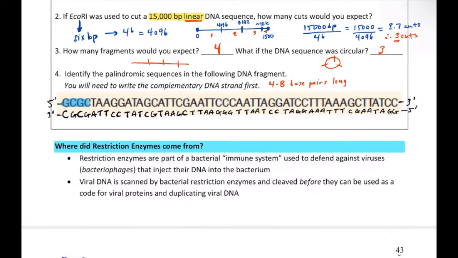Okay? Keep in mind as well, it's okay if the restriction sites or the recognition sites overlap each other. That's all right as well. So keep moving along. Do you see another one?